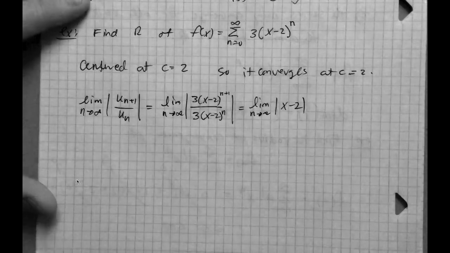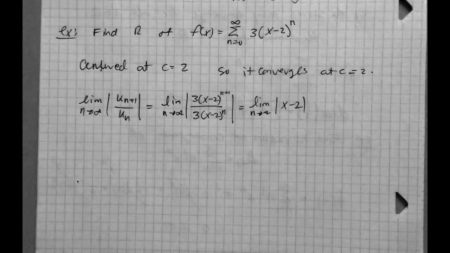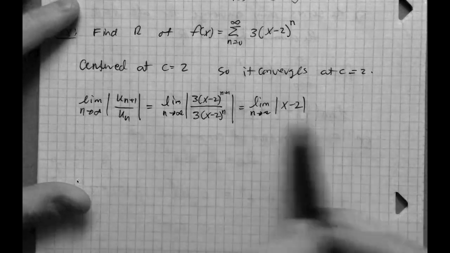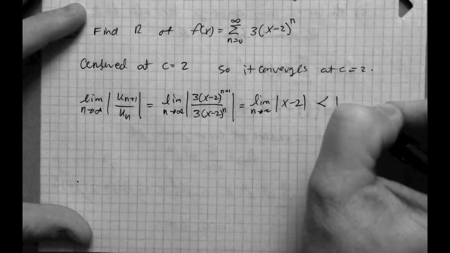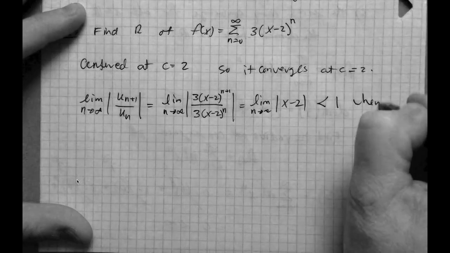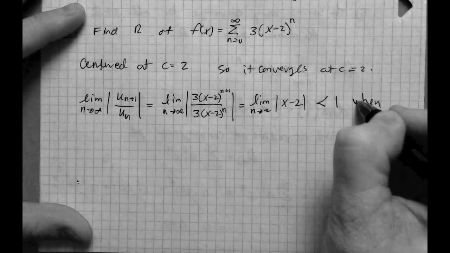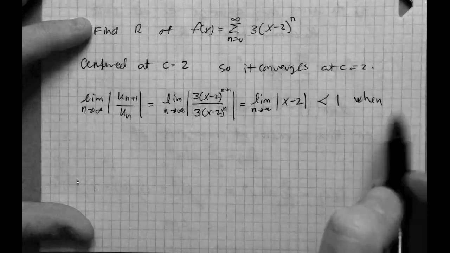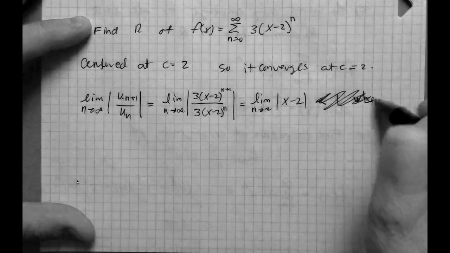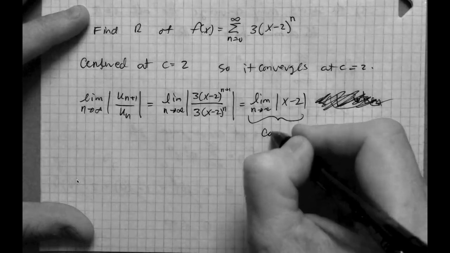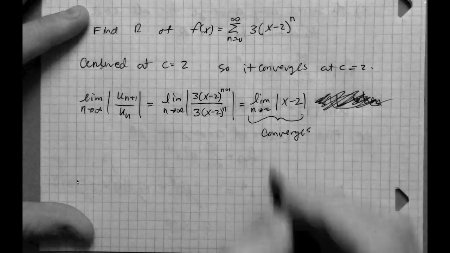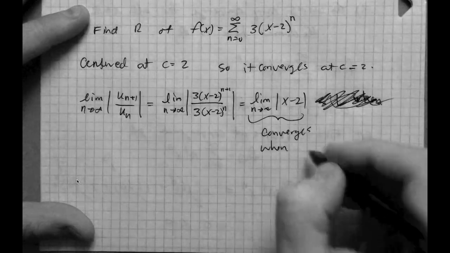Right, and so the way to think about it at this point is that this is less than 1 when what? Well, hold on. Let's step back for a second. So when does this converge? This converges when it's less than 1.